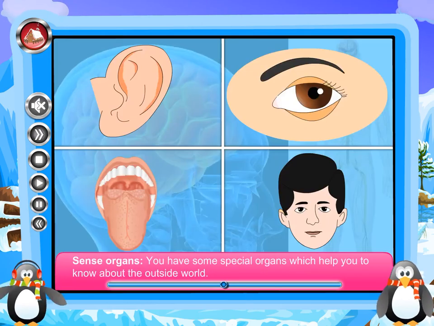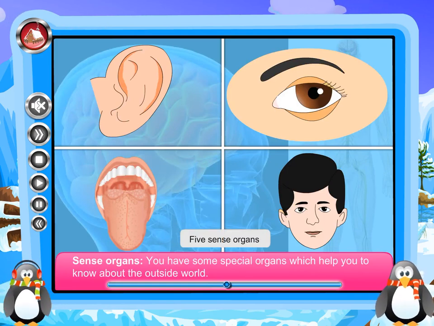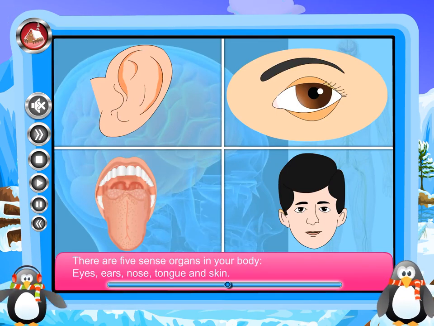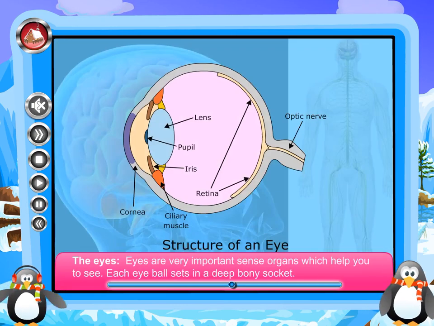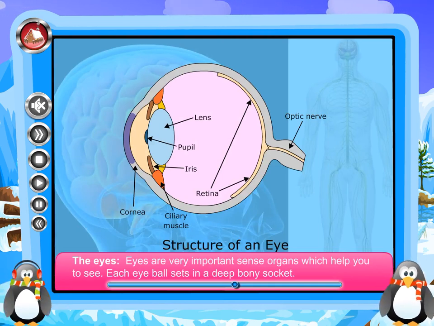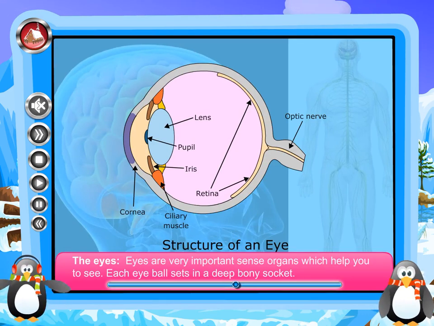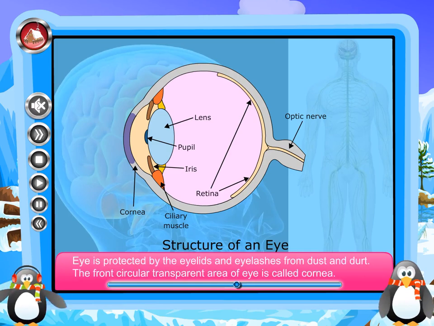Sense organs. You have some special organs which help you to know about the outside world. There are 5 sense organs in your body: eyes, ears, nose, tongue, and skin. The eyes. Eyes are very important sense organs which help you to see. Each eyeball sits in a deep bony socket.